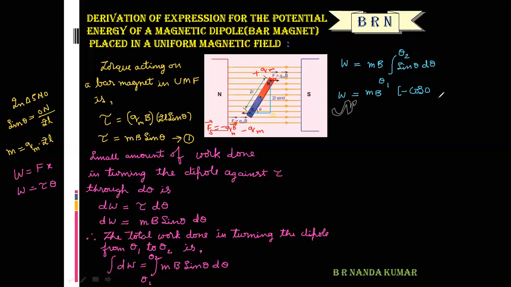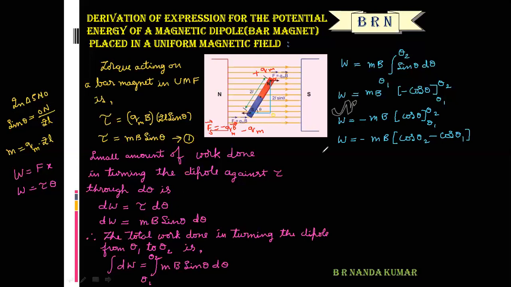It is minus cos theta. So the minus is taken outside: minus mB of cos theta, with limits from theta 1 to theta 2. So W is equal to minus mB. First we apply the upper limit, cos theta 2 minus the lower limit, cos theta 1. So actually this work done is stored as the potential energy.